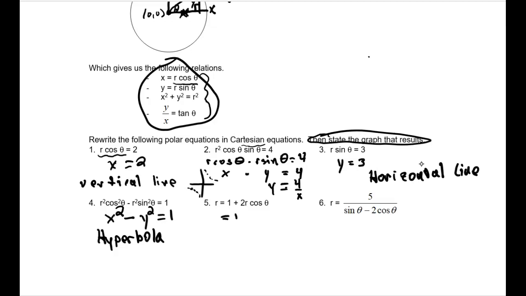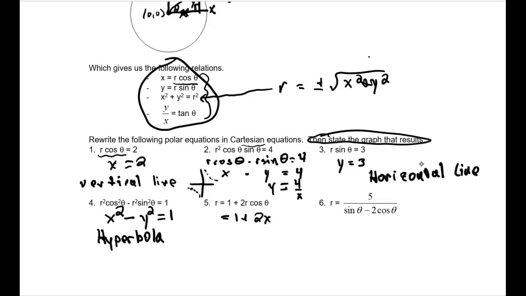5, right-hand side is pretty simple. 1 plus 2x. Our cosine theta is x, so we have 2 times x. The r, if we look at the top here, we would want to probably use this conversion. X squared plus y squared equals r squared, which means r would have to equal plus or minus the square root of x squared plus y squared.